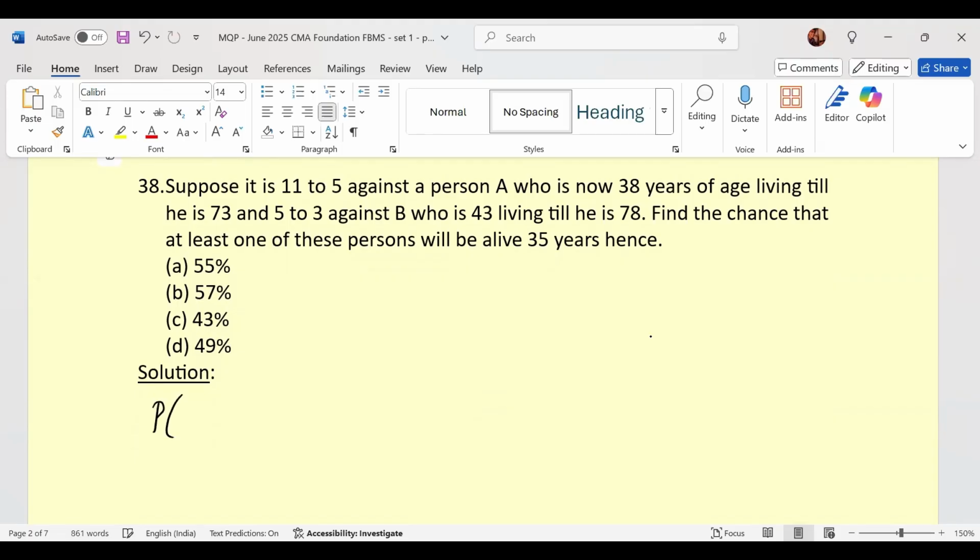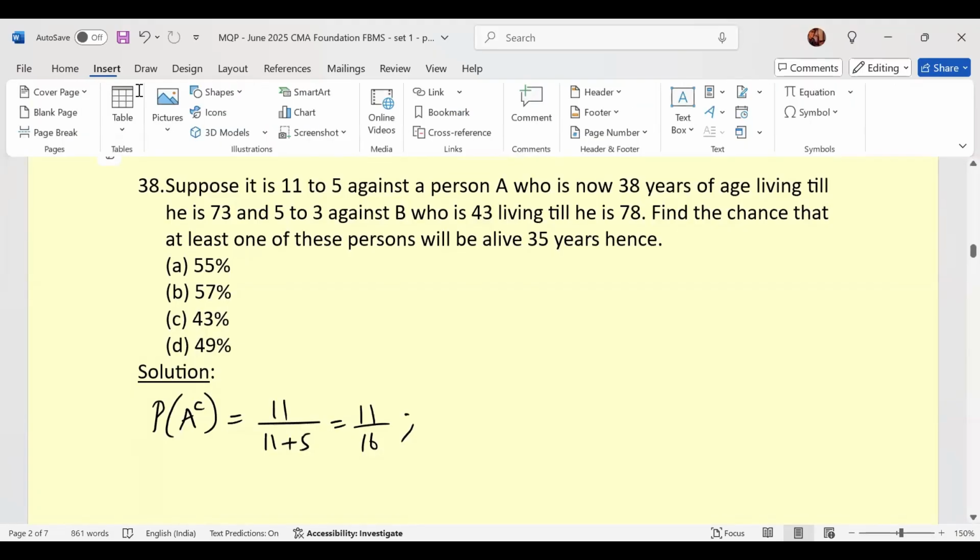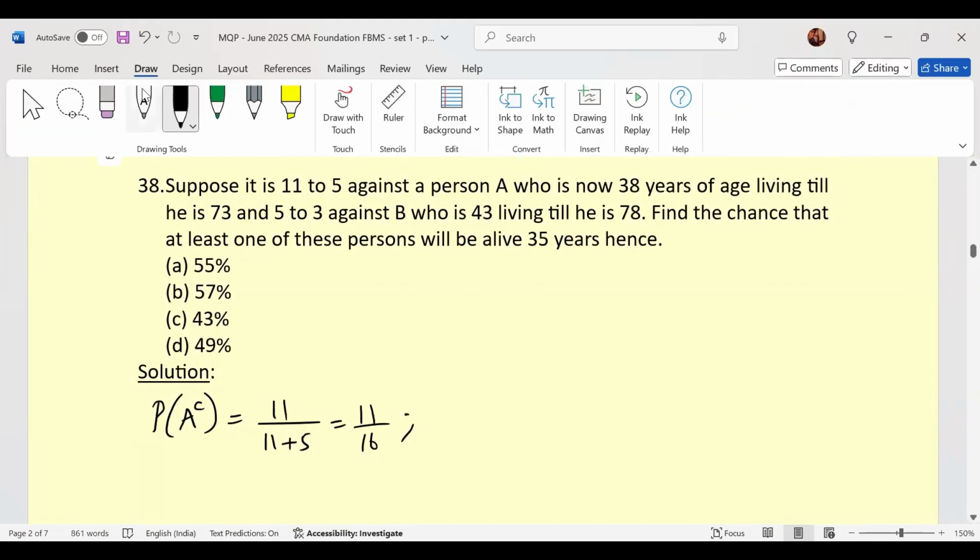That means probability of A complement will be first number divided by sum of the numbers. You get 11 by 16. So this means that probability of A is 1 minus 11 by 16, and that will give you 5 by 16.